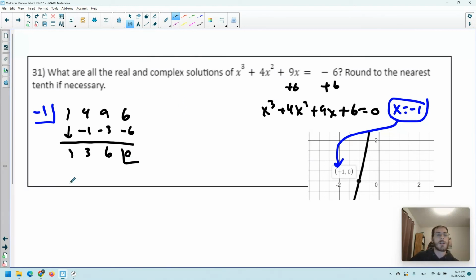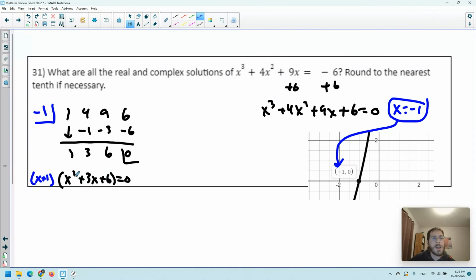So that means that my polynomial, I dropped this down by 1, so I started with x to the third, so now I have x squared plus 3x plus 6. Remember the x minus 1 did work, so this is going to be x plus 1. Again, I'm switching the sign because we always want to switch the sign if we're dealing with the x's.